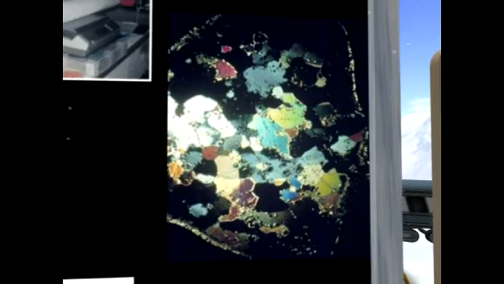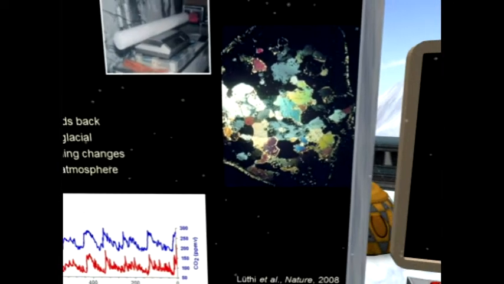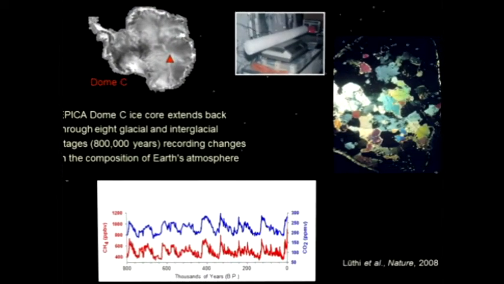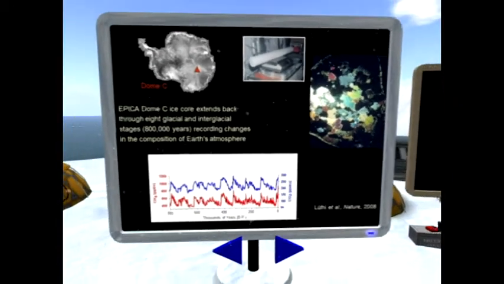And scientists, using special equipment in their labs, can essentially take the air out of those bubbles and then measure the concentrations of different gases like carbon dioxide and methane, which are two of the major greenhouse gases that are currently warming our planet.